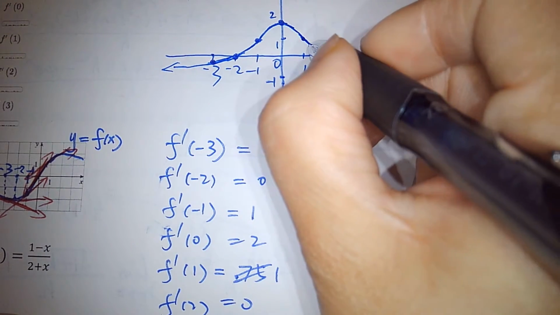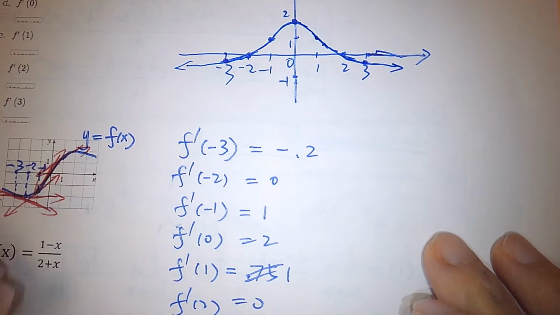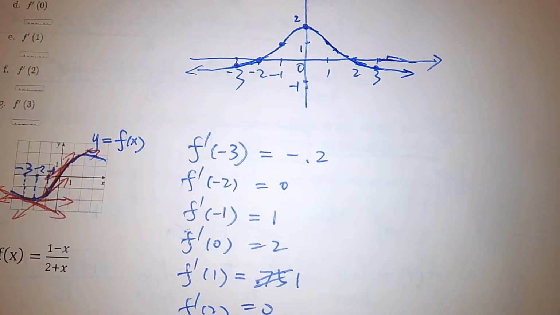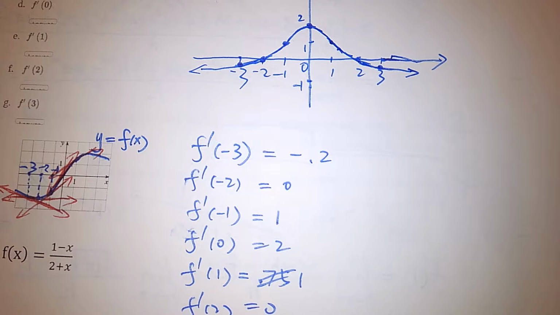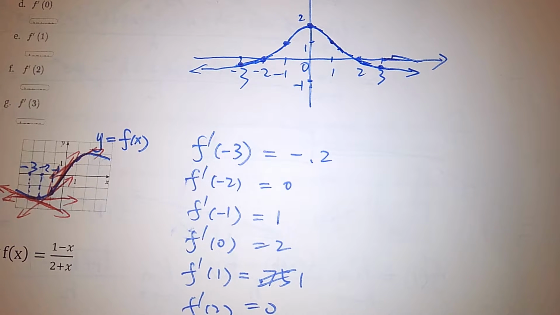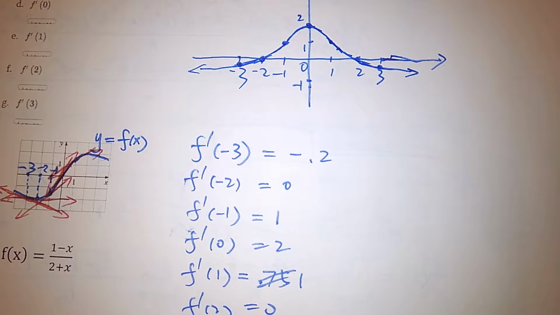There are some other practice questions from the book. This is question 1 from section 2.7. The second question is the same thing. I want you to practice this question by yourself if we have time; if we don't, you can practice at home. Try to find these specific values and then draw the derivative.